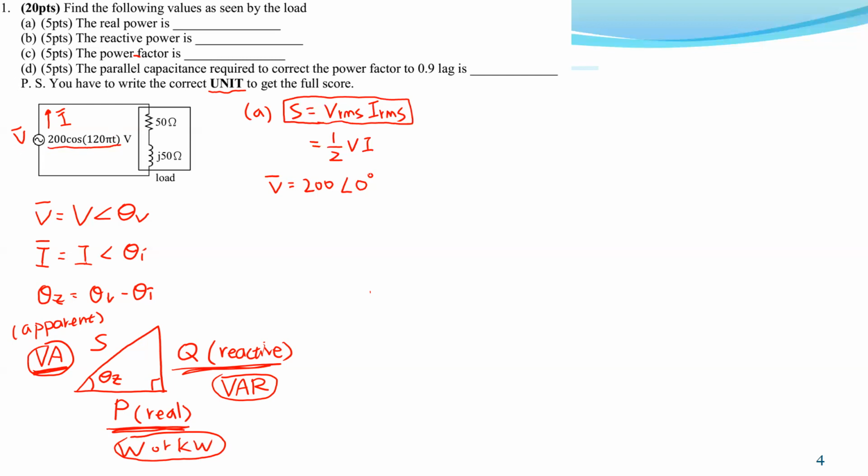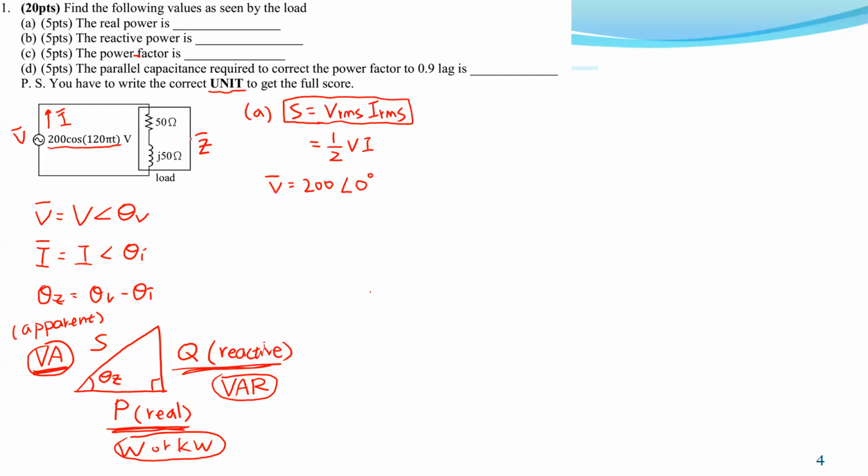And then we need to calculate I. But before that, we need the impedance.